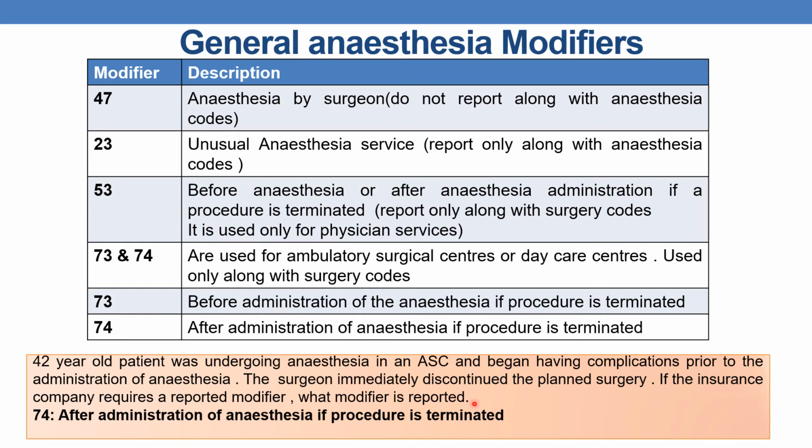So here the procedure is terminated after administration of anesthesia and the procedure is performed in an ambulatory surgical center. So you indicate, if the insurance company requires a reported modifier, what modifier is reported. In this case, we report modifier 74.